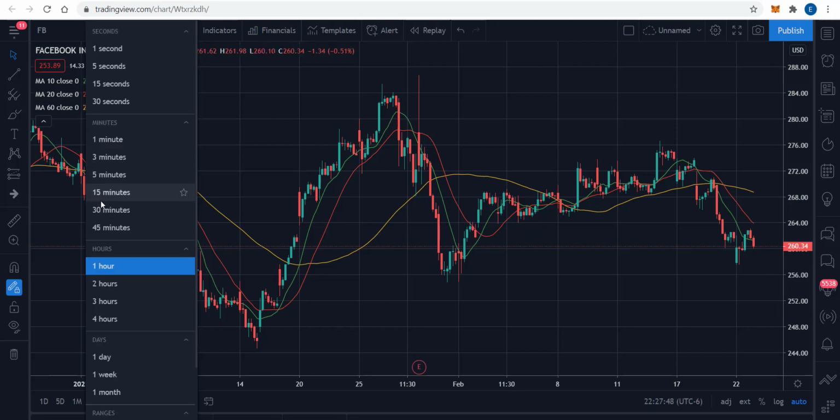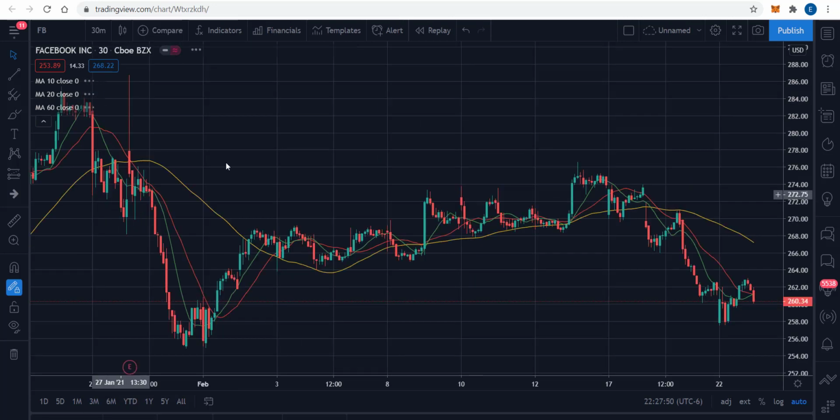So let's keep taking it lower and see if at any point we get anything a little more clear. Look what's happening here on the 30-minute chart: you actually see the 10 and the 20-day beginning to cross. So that means it could be interesting in the days to come.